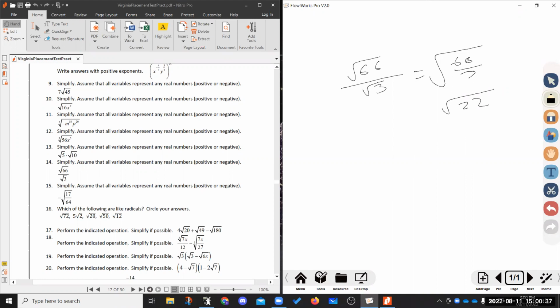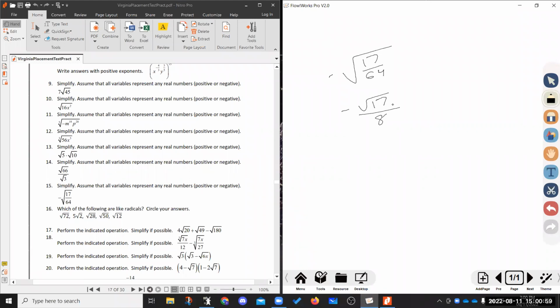Remember, when you do this though, we don't leave a fraction inside of a square root, and we don't leave a square root in the denominator of a fraction. In both cases, we're going to have to rationalize the root. So when I get 17 over 64, this one's fine because I'm going to leave the 17 up there. The 64 is a perfect square, so we're not going to have any square root left in the denominator here.